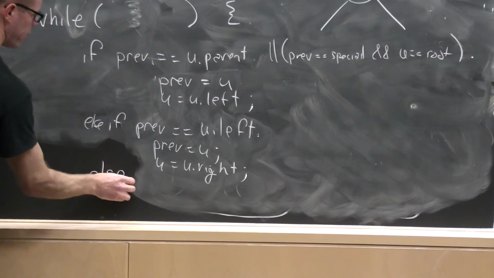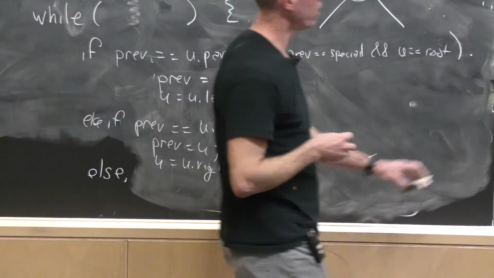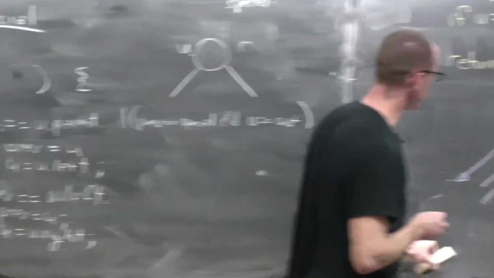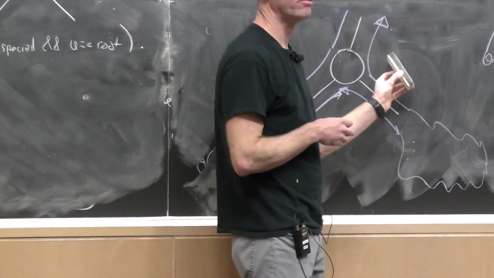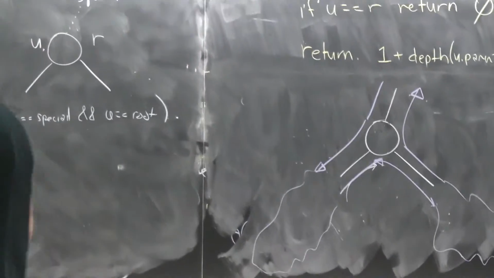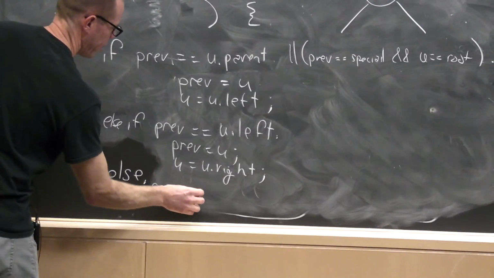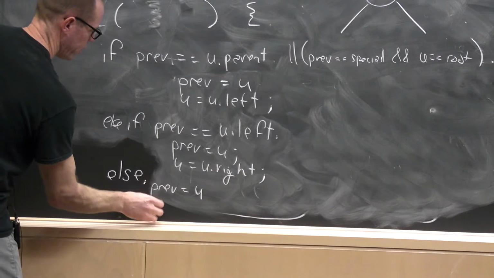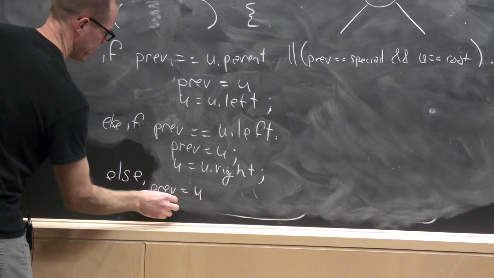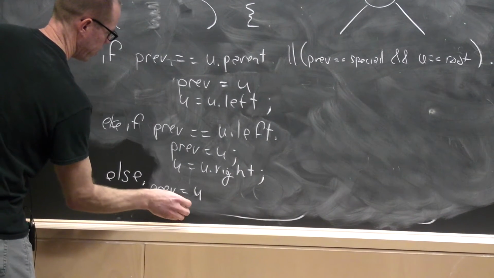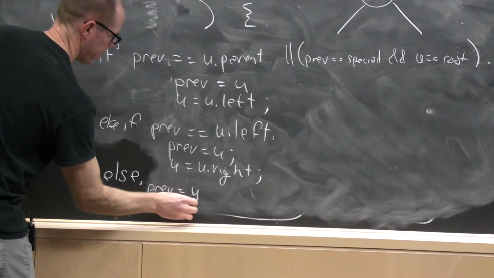Otherwise, we didn't get to u from the parent. We didn't get to it from the left child. We must have got to it from the right child. Prev is equal to u, and u is equal to u dot parent.